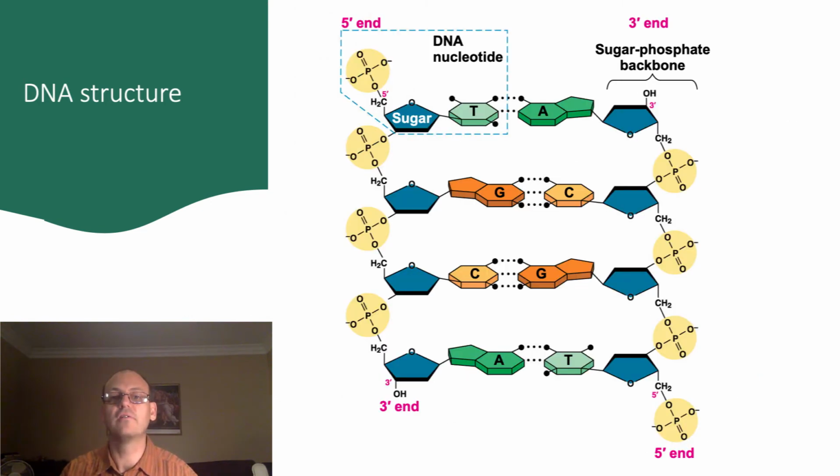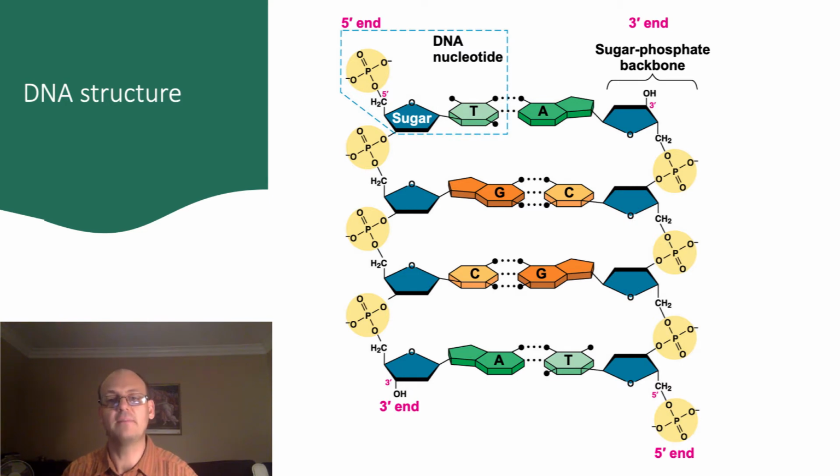Here's another view of what the two molecules look like when they hydrogen bond together. You can see a single DNA nucleotide with the sugar phosphate backbone, and you can see that each molecule has a 5' and a 3' end. Remember that these are designated by the counting of atoms on the sugar molecule.